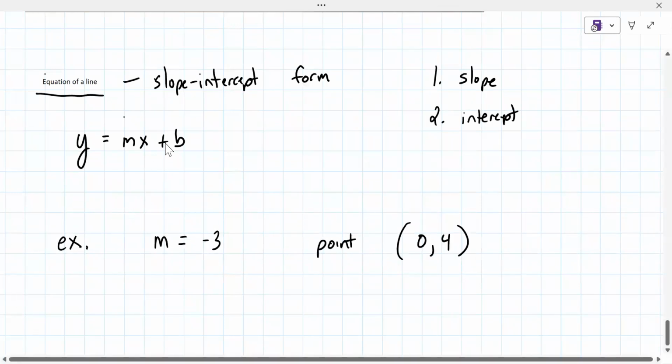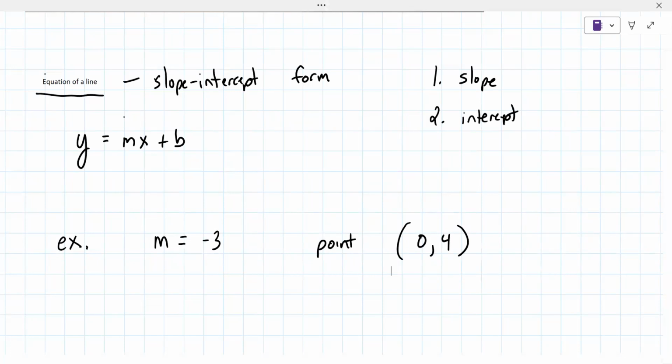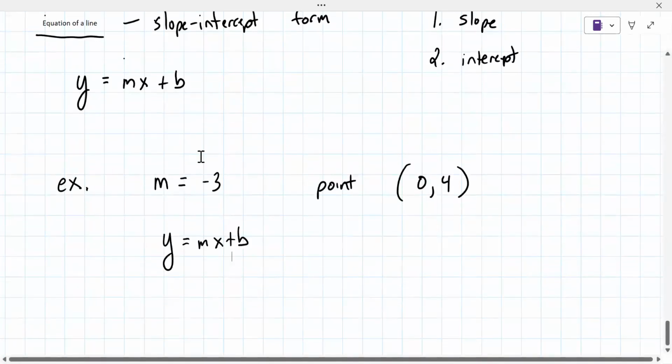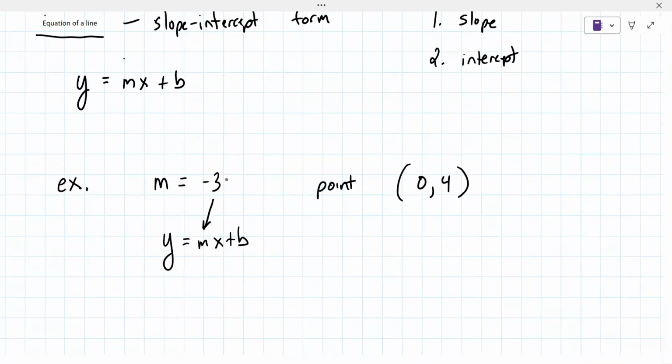It would say to write the equation in slope intercept form. So we're going to write the equation of the line. The first thing you do is take this value of m and put it in for m. So you write y equals -3x plus b.